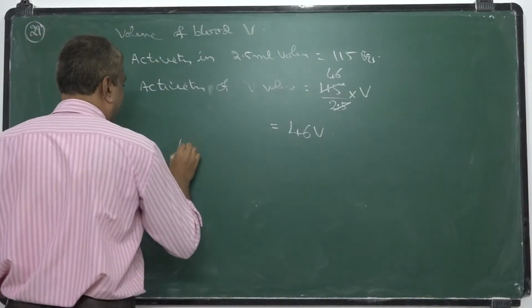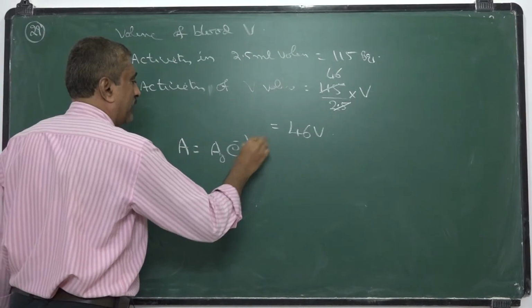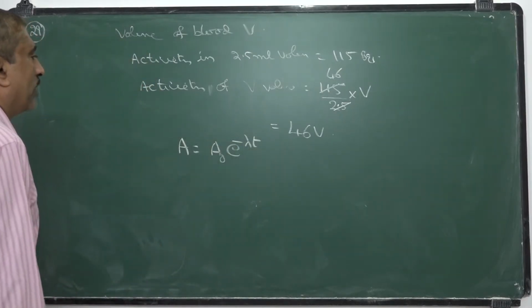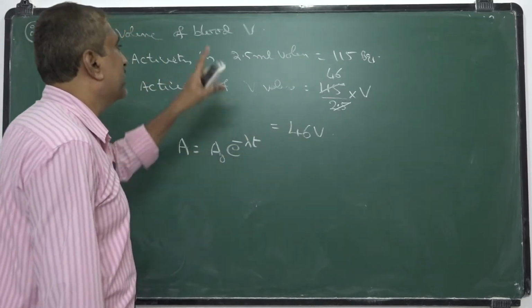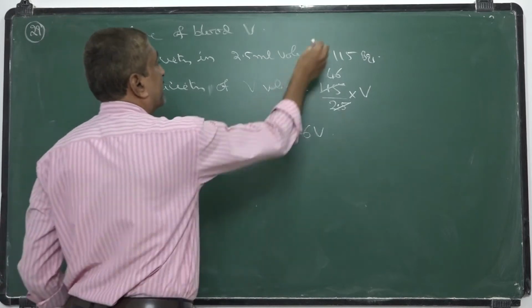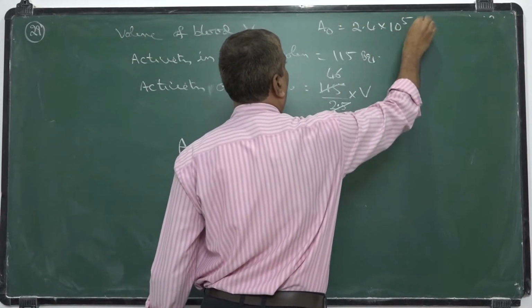Now we have the relation: activity at a particular time is A0 e power minus lambda t. So we have this relation. Now the activity is 46V, but the initial activity is given as 2.4 into 10 to the power 5 becquerel.